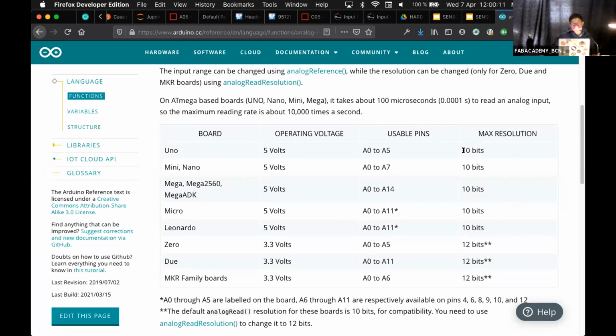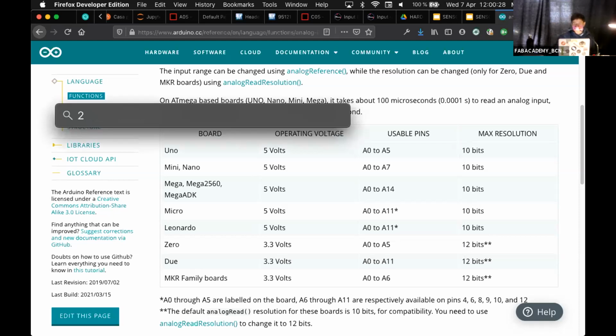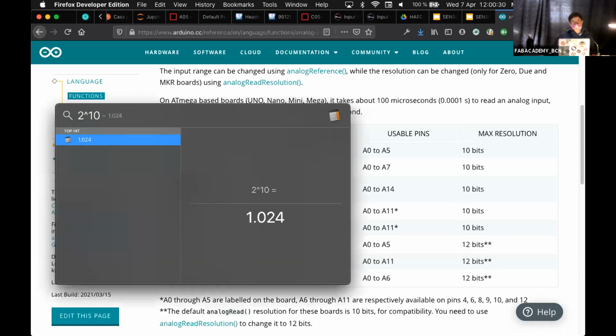10 bits is a mediocre ADC, 12 bits is okay, 16 bits is posh, 24 bits is insane. Think of it as a matter of buckets: 10 bits is 1024 buckets, 12 bits is 4,000, 16 bits 65,000, 24 bits 16 million.